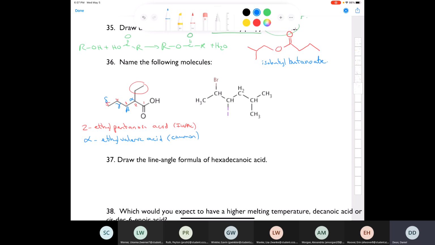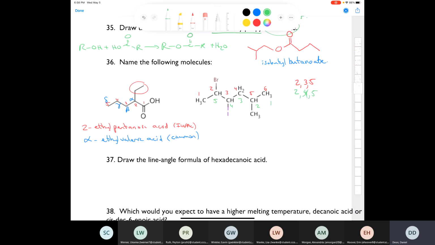Okay, let's take a look at the next one. We have a compound that has 2 halogens on it. This one's kind of an interesting one. If you number from this end, 1, 2, 3, 4, 5, 6, you have substituents at carbons 2, 3, and 5. If you were to number starting over here, 1, 2, 3, 4, 5, then you'd have substituents at 2, 4, and 5.